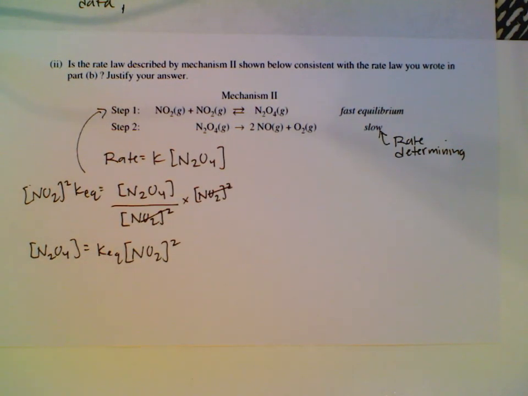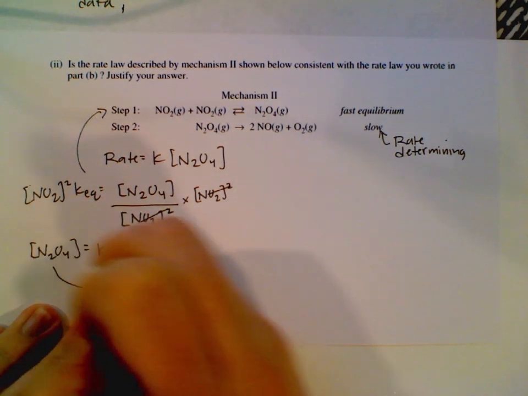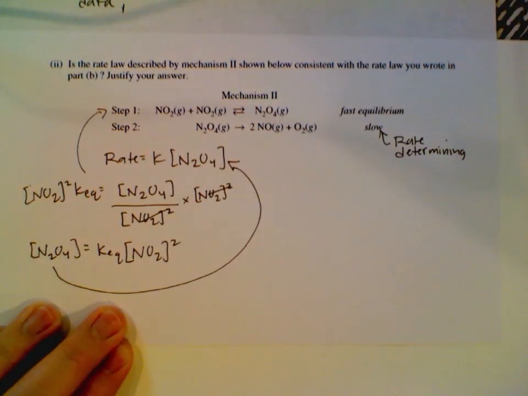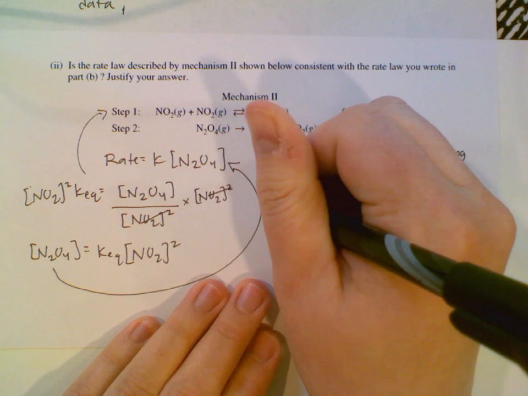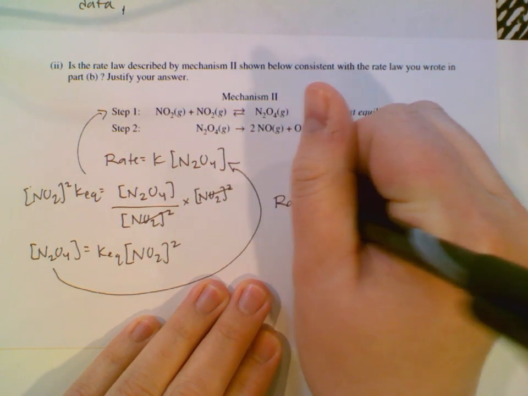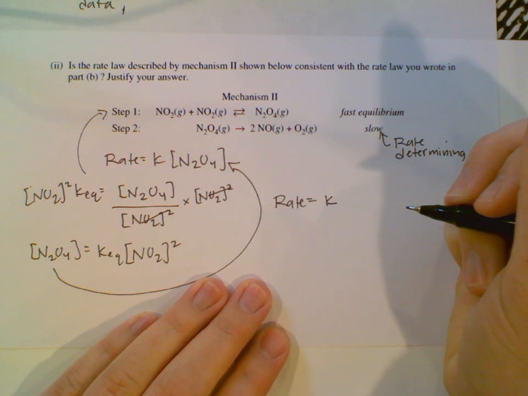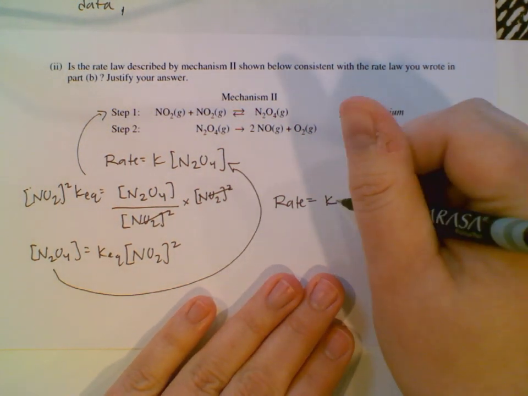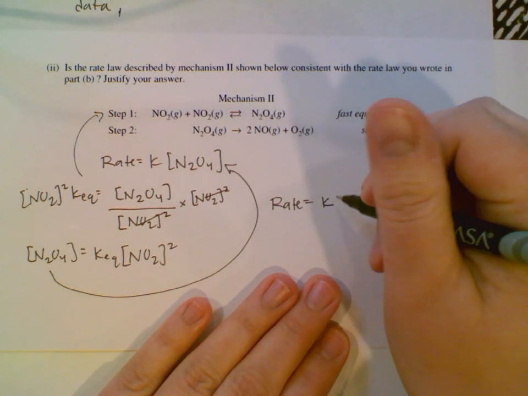And what I can do is a substitution where I take the N2O4's concentration with this sneaky substitution and plug it into this rate law. So what ends up happening is that the rate is equal to this k value. And yes, there is this little extra Keq value in there, but that gets rolled into this k value.